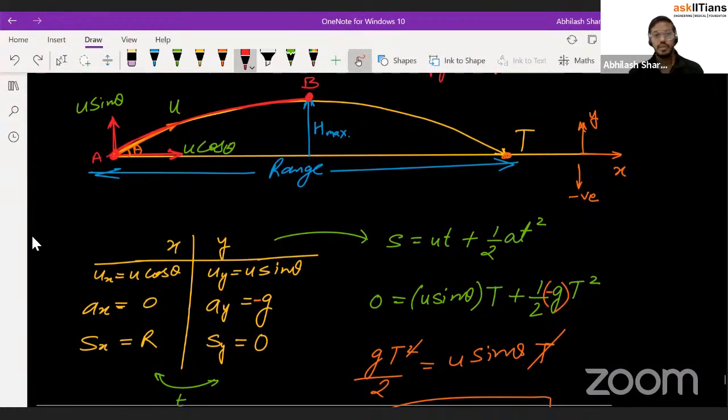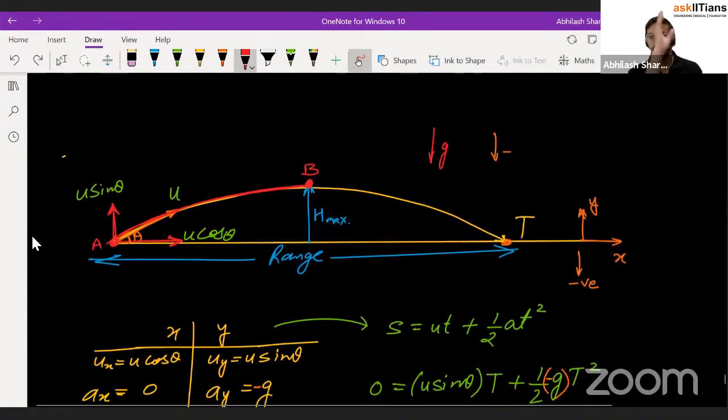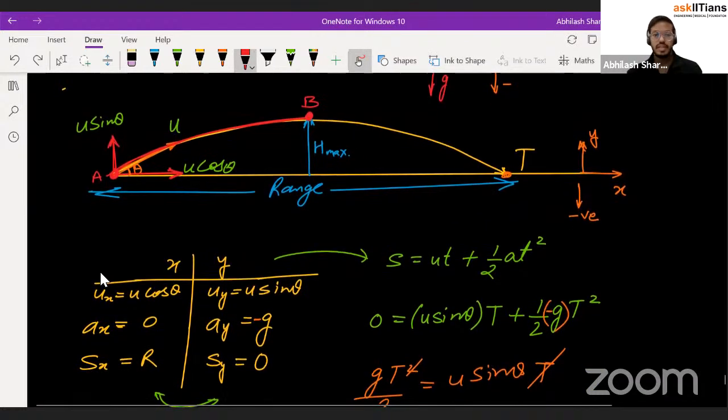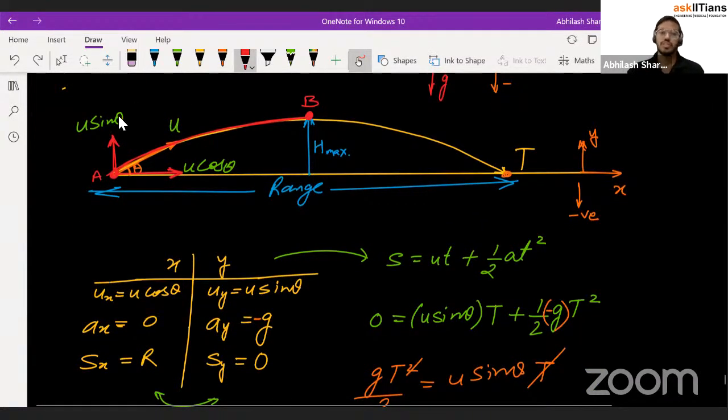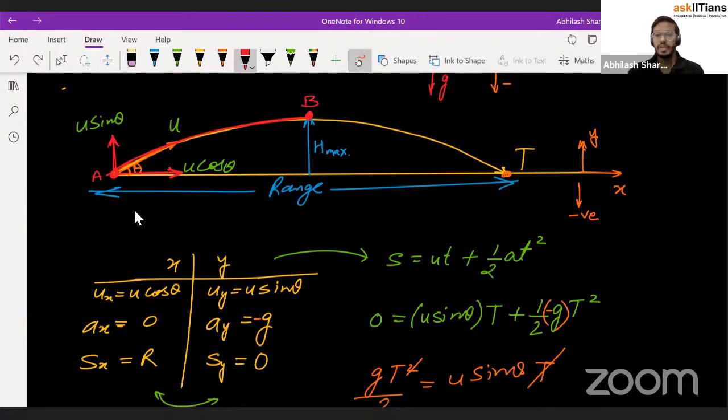Now, if we are just focusing on y part, then let's see what is the speed in y at the point A. So speed in the y at point A is u sine theta. What is the speed in y at point B? Do you guys know? If I throw a pen and when it reaches the maximum height, what is its speed?